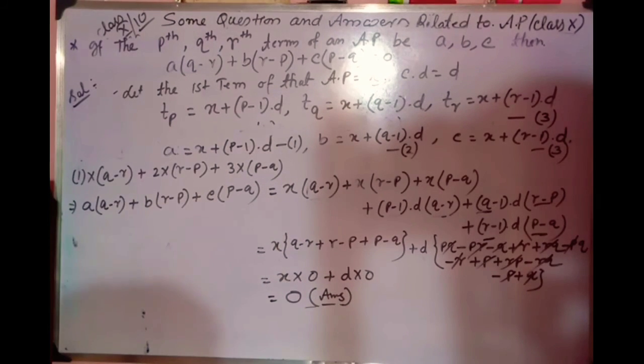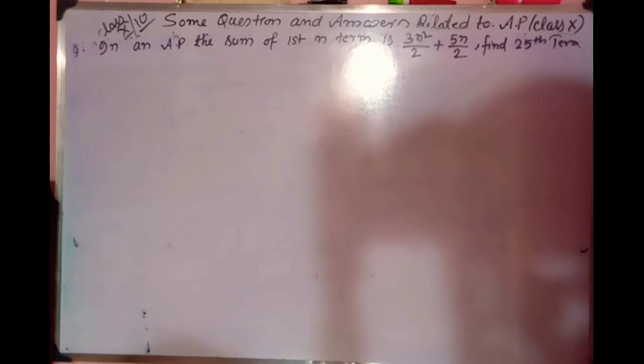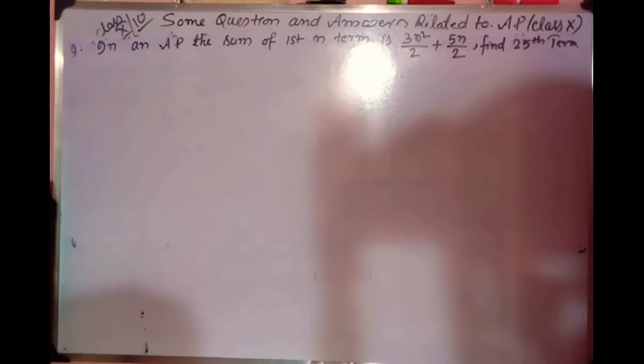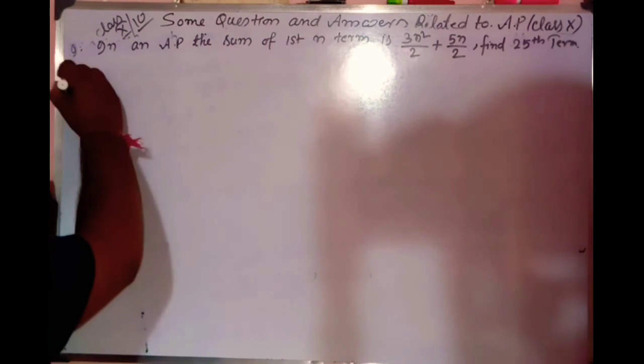Next, move to another question. This is also one question. In the question it is given that in an arithmetic progression the sum of n terms is equal to 3n square by 2 plus 5n by 2. We have to find the 25th term.